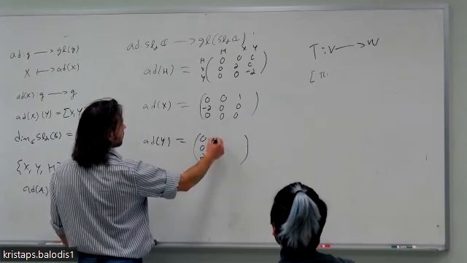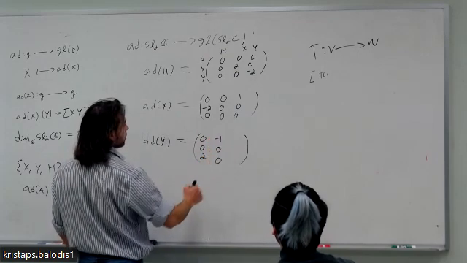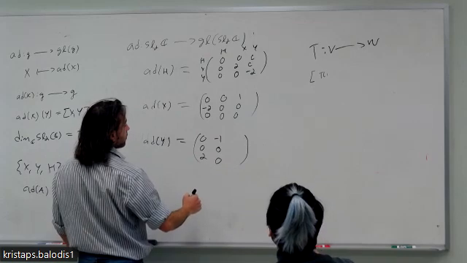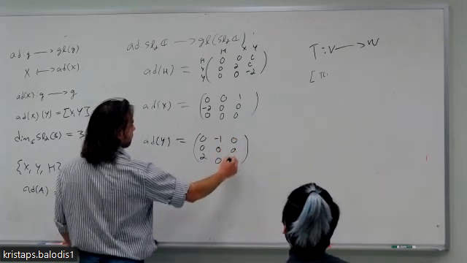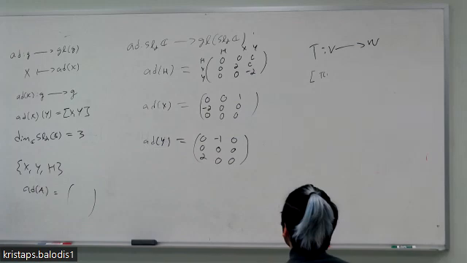Negative 1, 0, 0. And then 0. Yeah, cool. So that is a really explicit way to write down this three-dimensional representation.